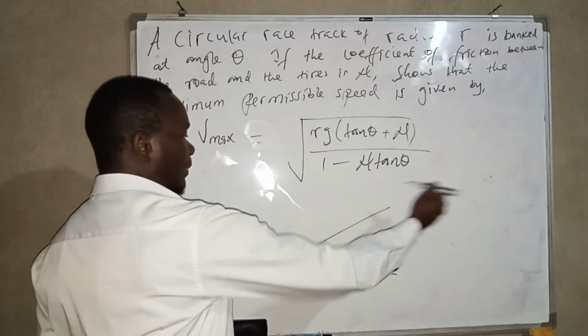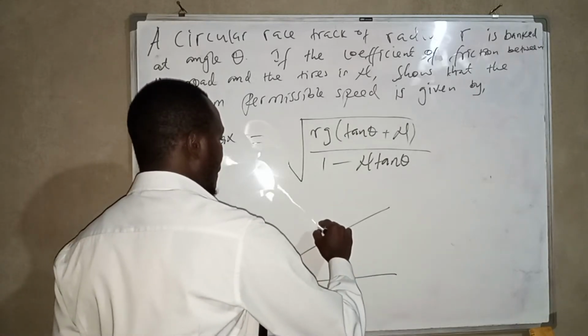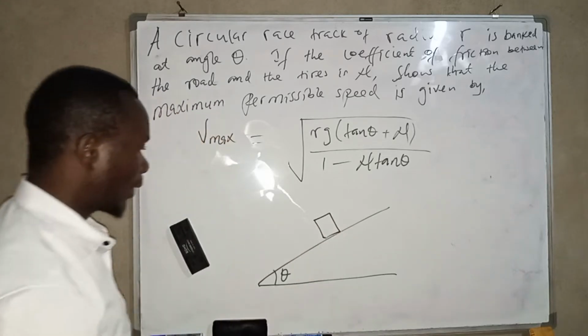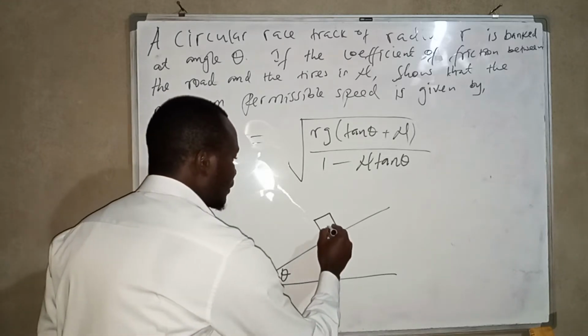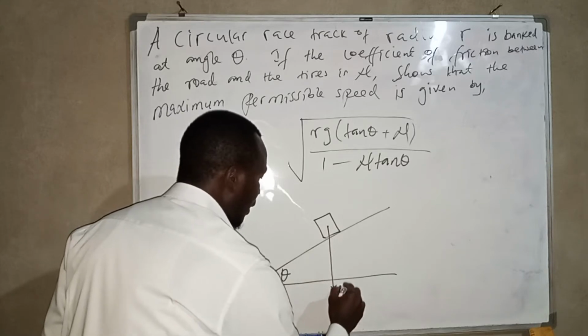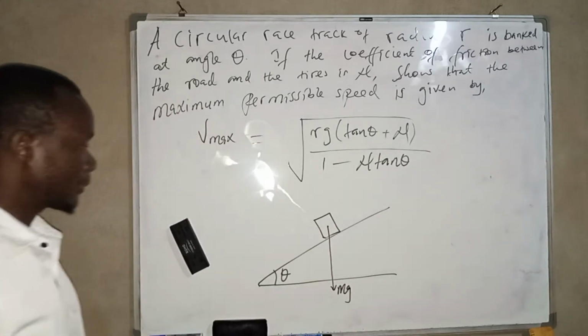Then when a vehicle is coming, let's say the vehicle is here. The weight of the vehicle here will be this one, mg.